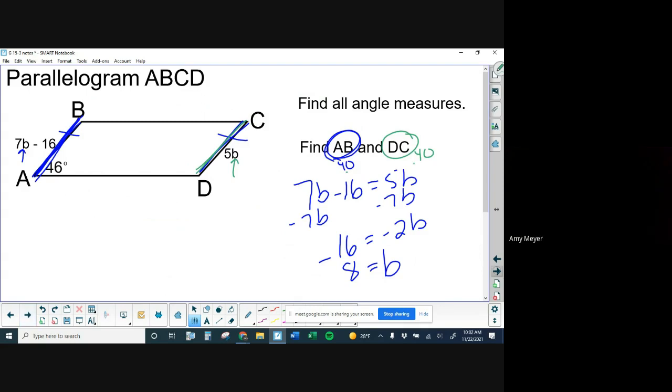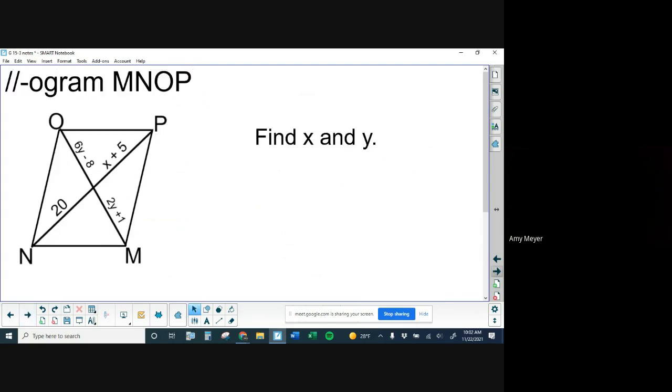Okay, number 2, I want you to change something for me, please. Your paper says quadrilateral MNOP. If I don't tell you it's a parallelogram, you don't get to use one of those 5 properties. So please change your paper. Cross out quadrilateral. It is a quadrilateral, but you can be more specific, and I'd like you to change the wording. It is a parallelogram. So now you have 5 properties you can look at.